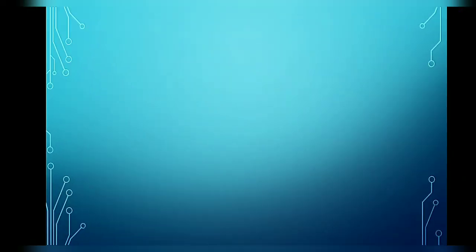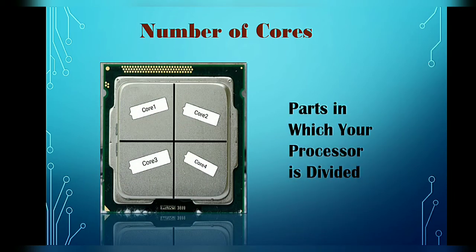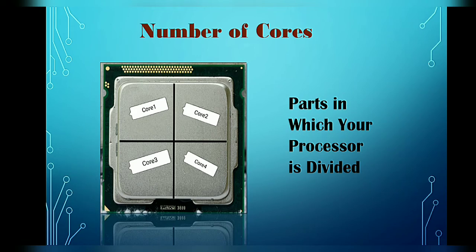So, the first thing is check the number of cores in your device. So, these are generally the parts in which your processor is divided. So, here you can see this is a quad core processor. So, it is divided in 4 cores. Many people think that core i3 means 3 cores.